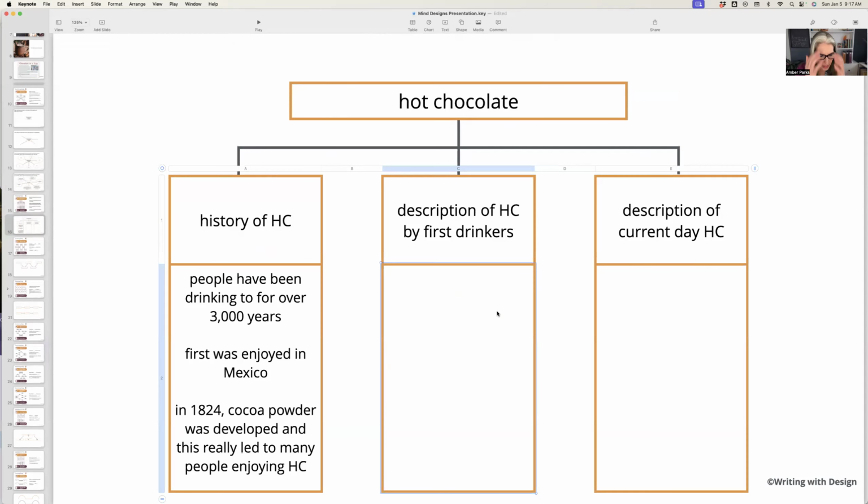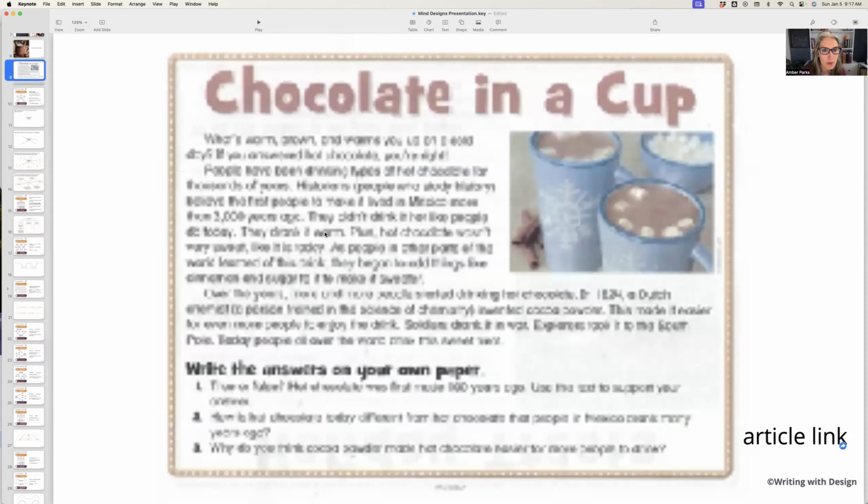So we can say here, we have first enjoyed twice, but I'm going to go with it for now because I'm just getting my ideas down. First enjoyed by Mexicans, first enjoyed warm, that's what we said, warm by Mexicans, not sweet, right? That was something else. I didn't have that on the brainstorming design, but I do recall that from the article.